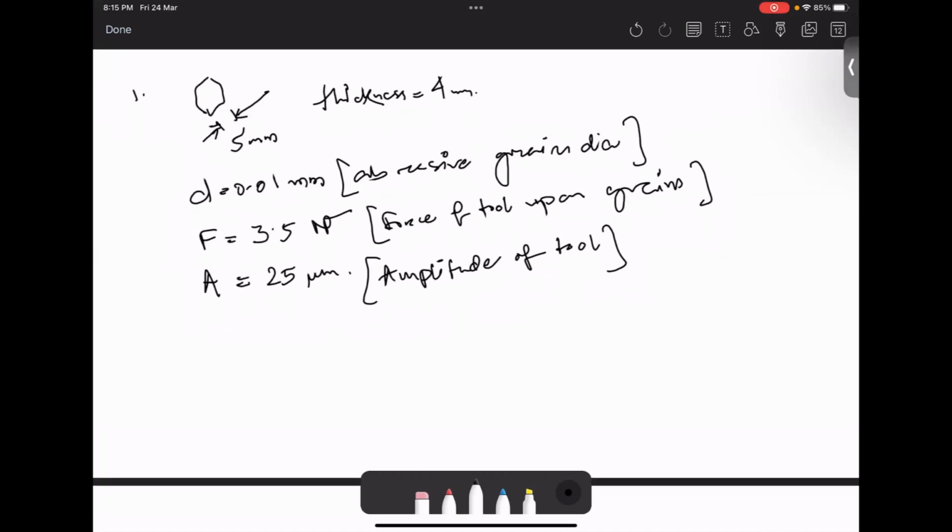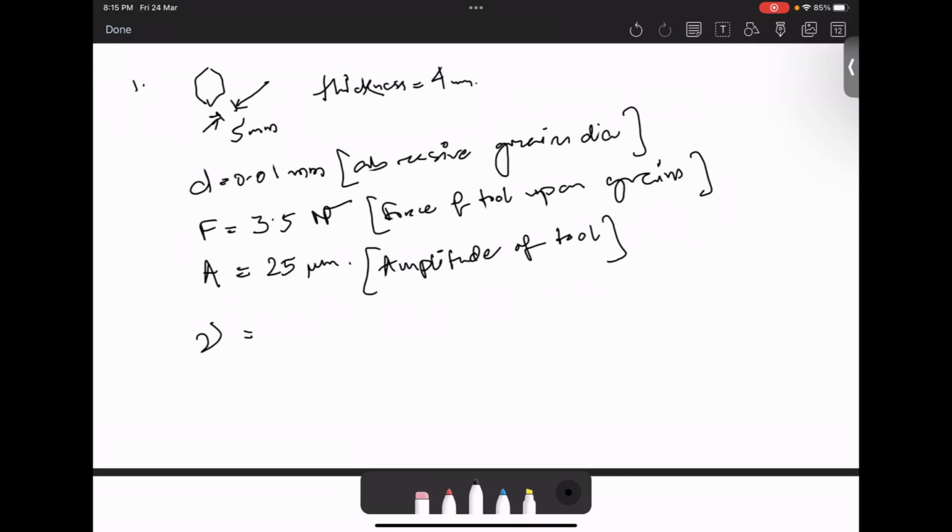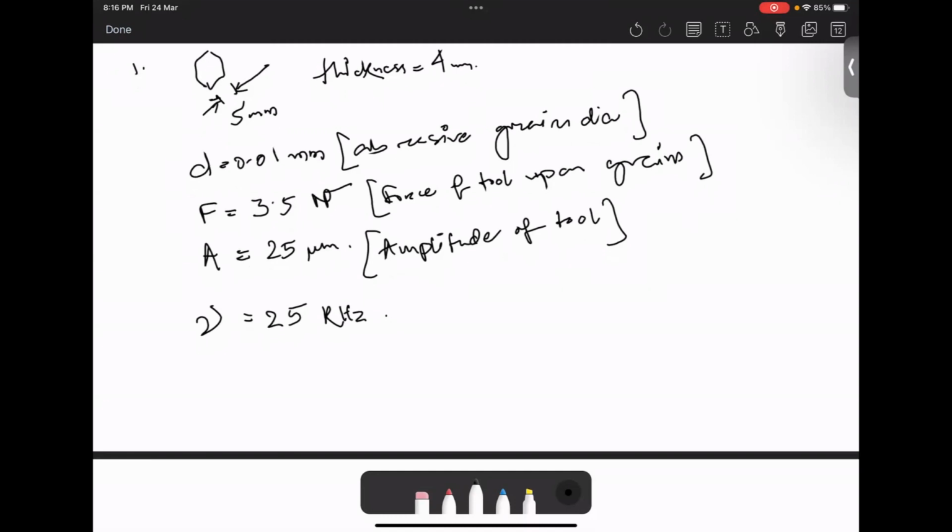Now, the frequency: you know that the MRR in ultrasonic machining is also proportional to frequency. The frequency of the tool motion is given as 25 kilohertz.